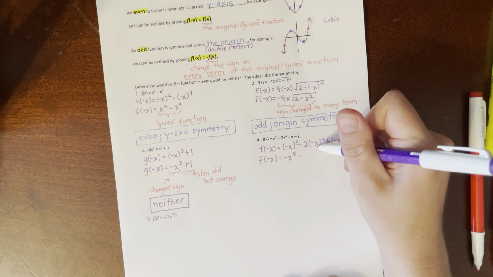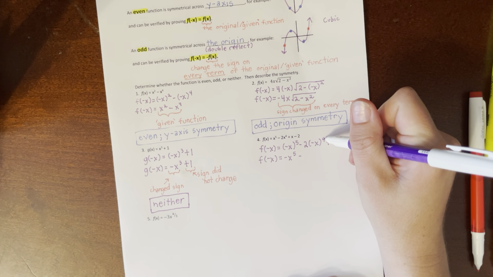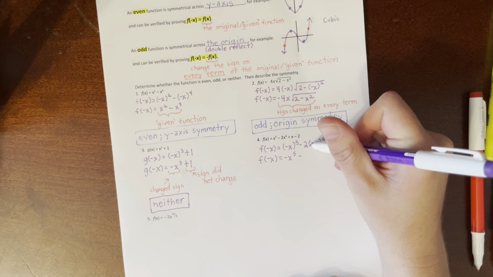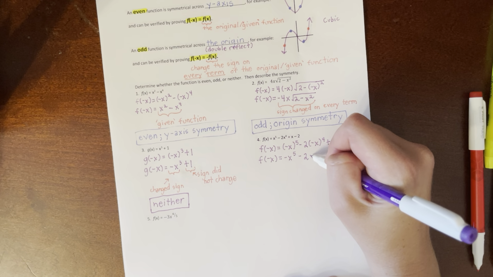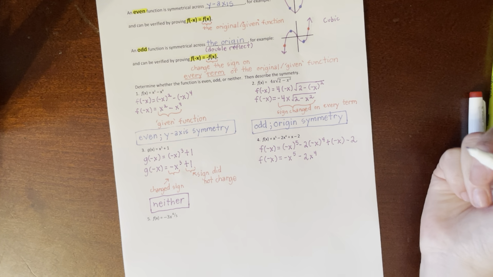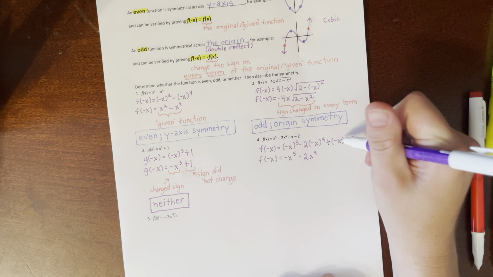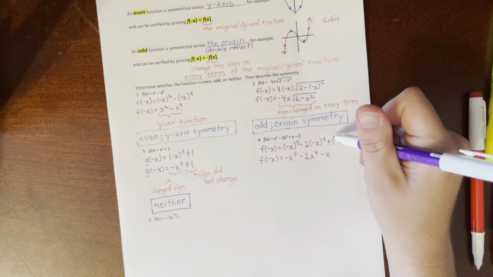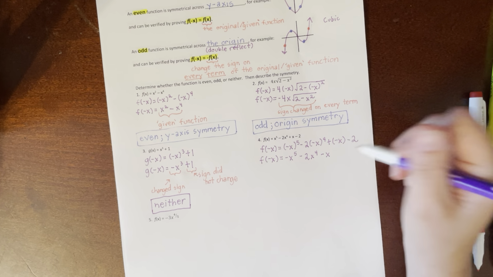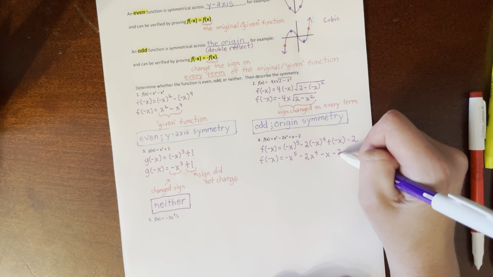In this case, this negative to the even power will turn positive. So you have a positive x to the fourth times a negative 2, so negative 2x to the fourth. This plus negative x will turn to minus x, of course, because a positive times a negative makes negative, and the minus 2 drags down.